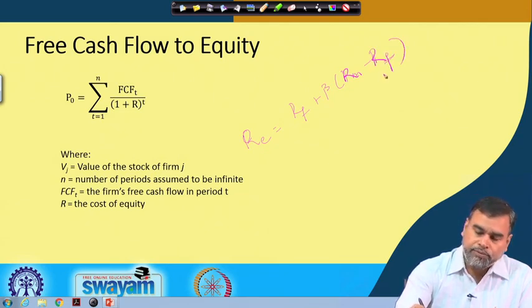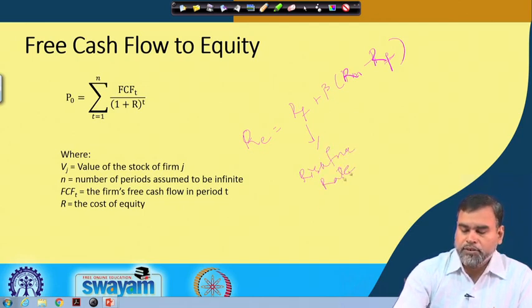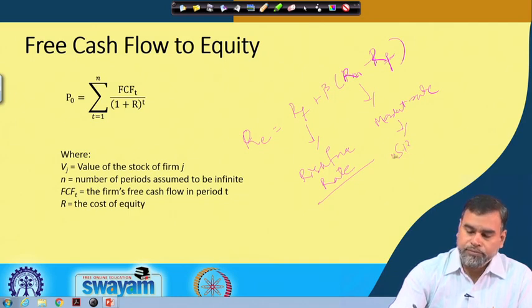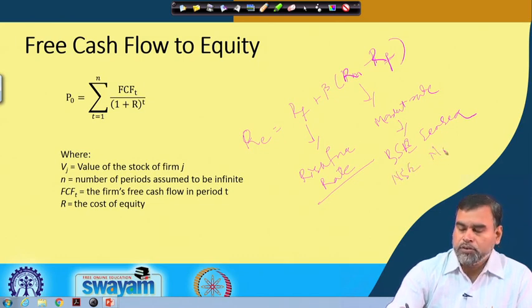and here your RF is basically your risk free rate. You can use the treasury bill rate or any other rate as a risk free rate. RM is the market rate, and you can take the return from the BSE Sensex, or the return from the NSE Nifty, and so on.